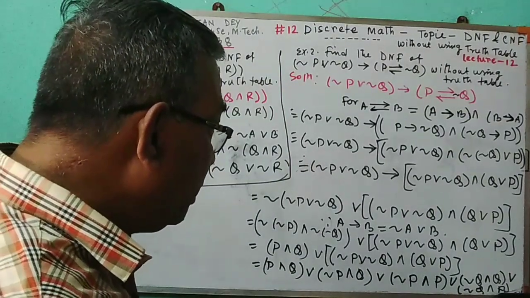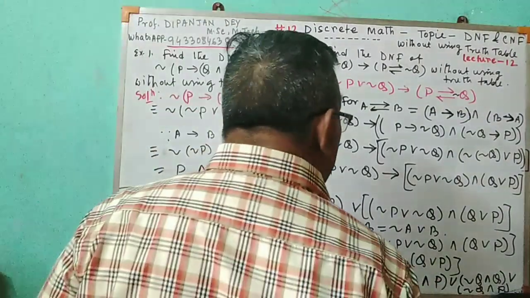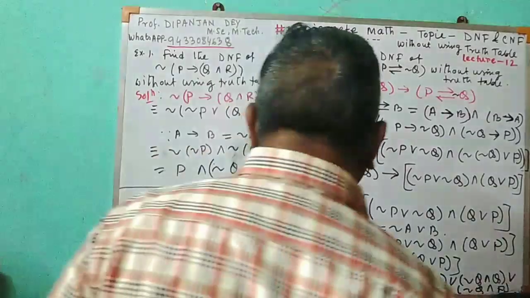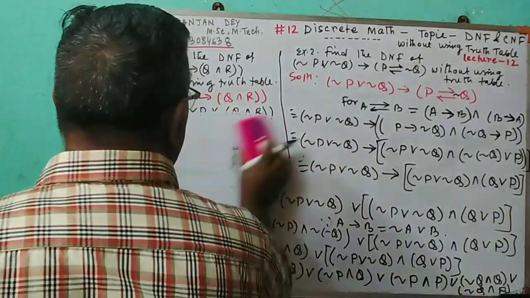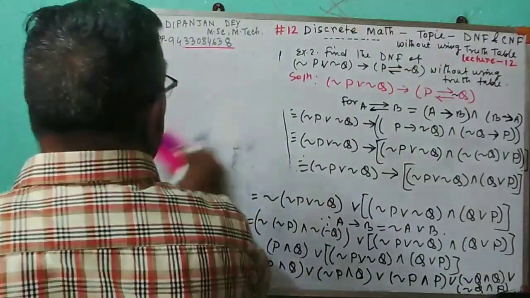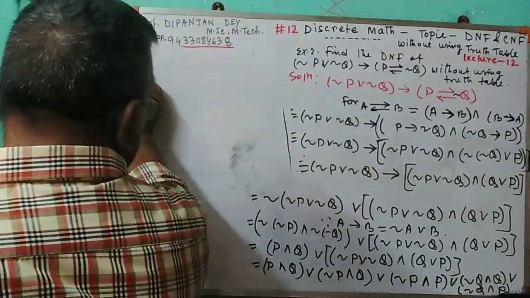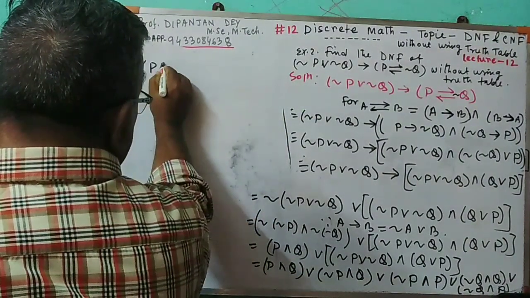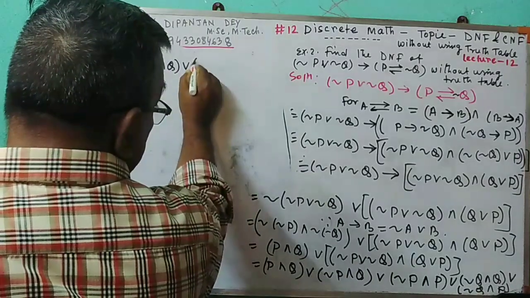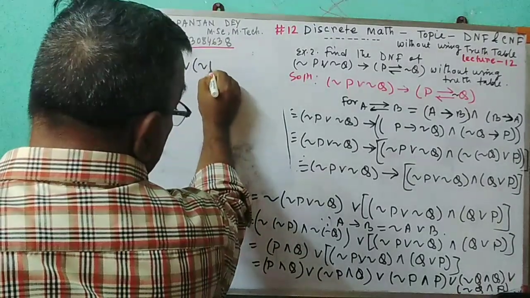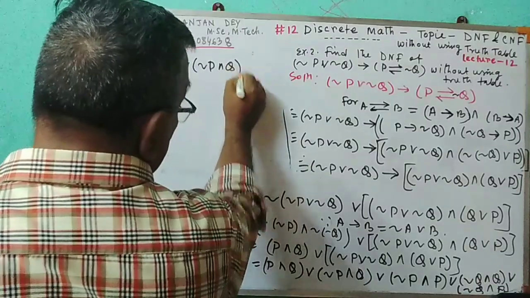Now, negation P, conjunction P, this is false. Negation P, try to understand. This one I am just removing. So this is equal to P conjunction Q, disjunction, negation P conjunction Q, this part.